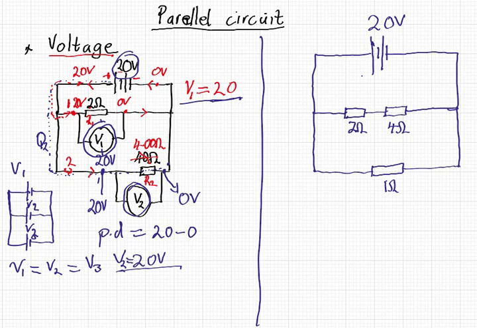So what do I see? I see we have an EMF of 20 volts, right? And once again, let's talk of charges. This is the positive terminal, this is the negative terminal. Direction of current, this way, then this way, and this way.